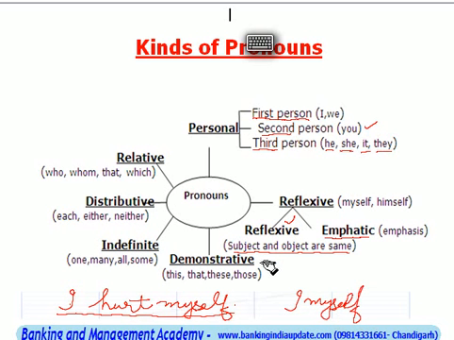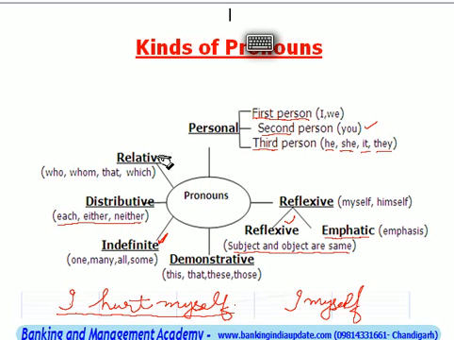Next, demonstrative pronouns are denoted by the words this, that, these, and those. Indefinite pronouns include one, many, all, and some. As the word itself suggests, there is nothing definite about them. Distributive pronouns include the words each, either, and neither.